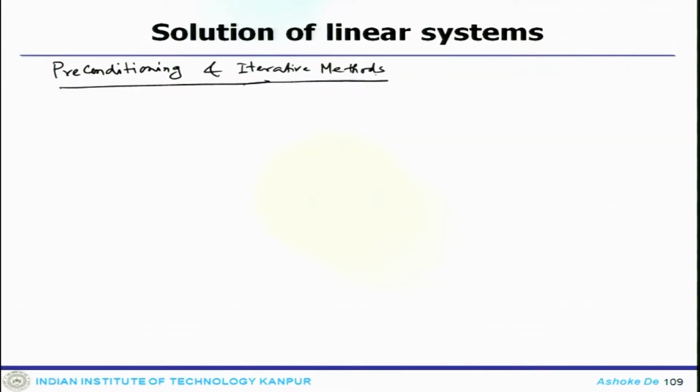So, why do we use preconditioning? Because the rate of convergence of the iterative methods heavily depends on the spectral radius of the iteration matrix B. So, the dependency on rho B is heavy.